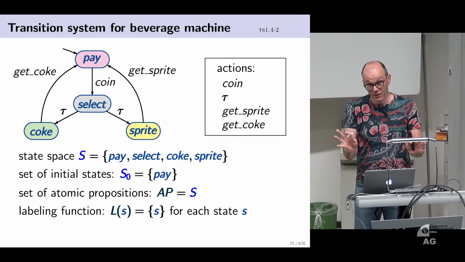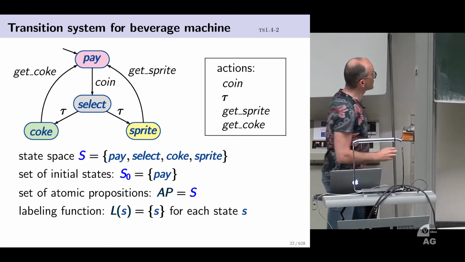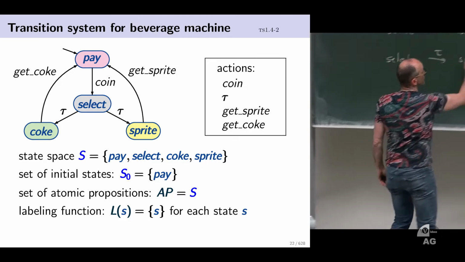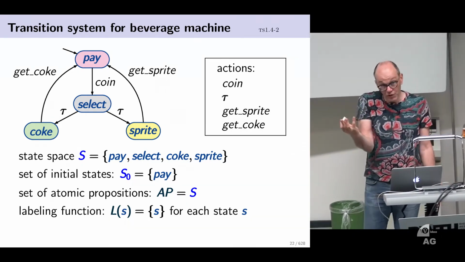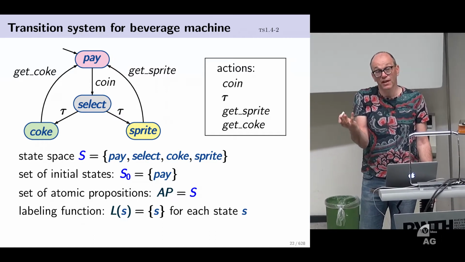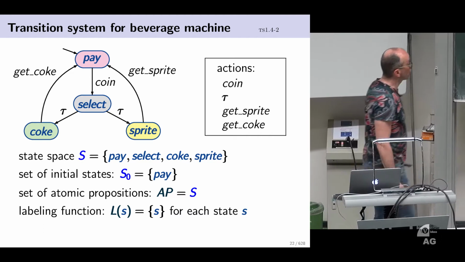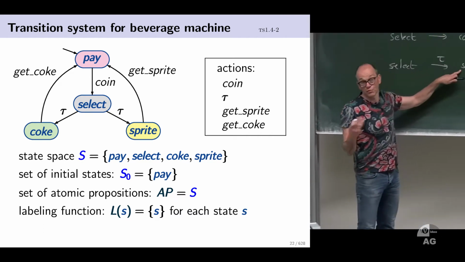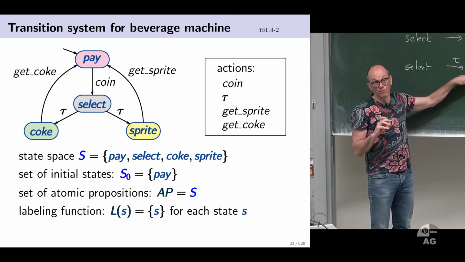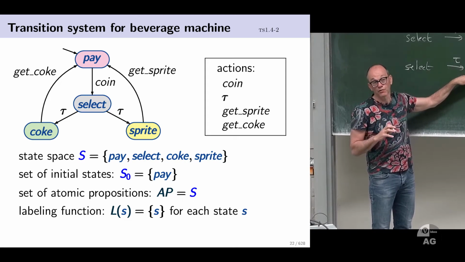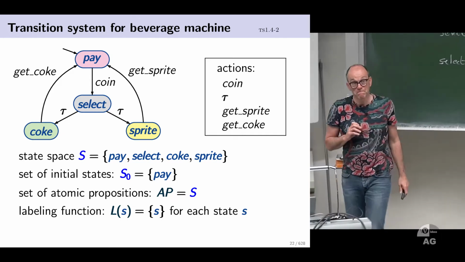It doesn't affect the transitions. The transitions are still the same. The only point is that now the labeling of these 2 states is different. But the transition system is still non-deterministic. Being in the state select, you can do a TOR transition, and you either end up in the Coke state or you end up in the Sprite state. This remains the same, no matter what the labeling of the states is. Good.